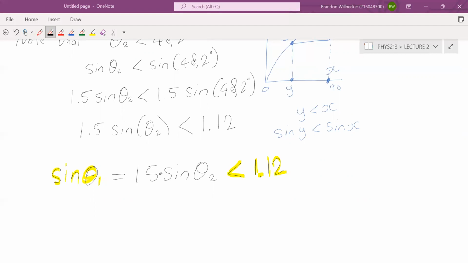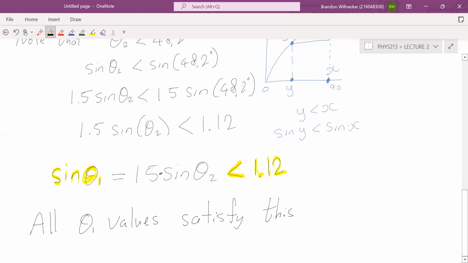Well, we can have all theta values. Satisfy this relationship. Okay, because sine is always less than 1.12.